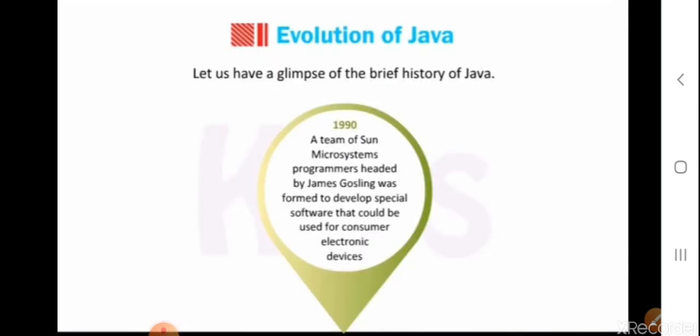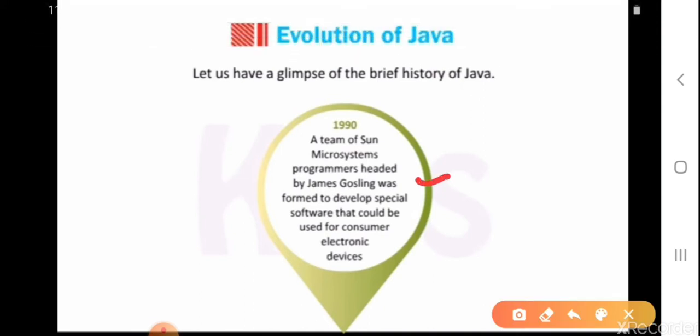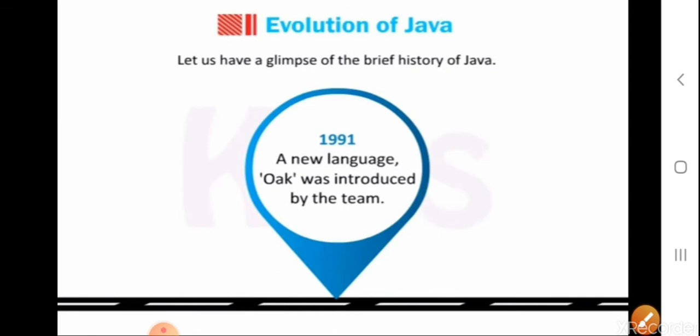In the year 1990, a team of Sun Microsystems, headed by James Gosling, was formed to develop a special software that could be used for consumer electronic devices like TVs, washing machines, etc. Then in the year 1991, a new language, Oak, was introduced by this team, which was headed by James Gosling.